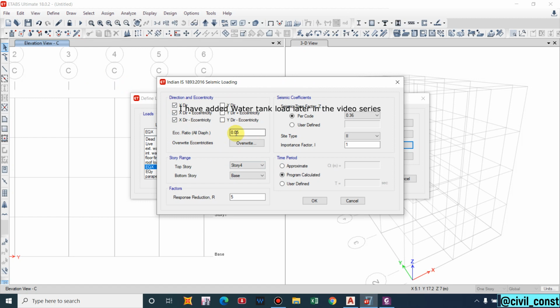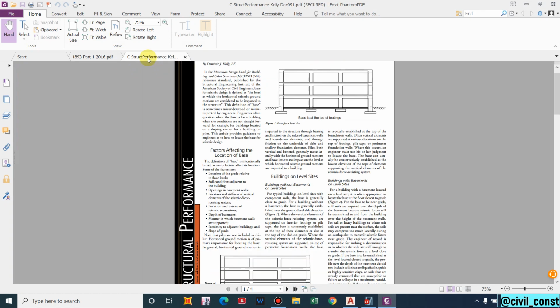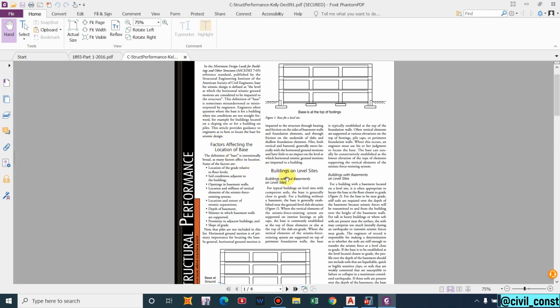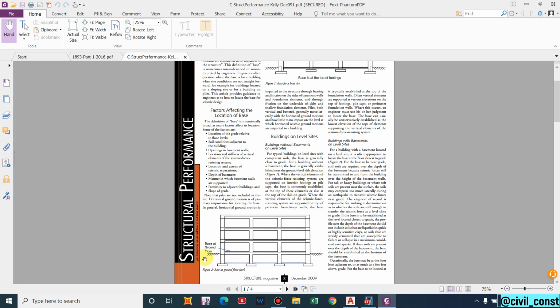Eccentricity ratio is 0.05, and story range is base to story 4. For this I have a simple PDF over here. Our building is without basement on level site, so for a typical building on level site with competent soil, the base is generally close to grade. For a building without a basement, the base is generally established near the ground level slab elevation. So base level is at ground floor.